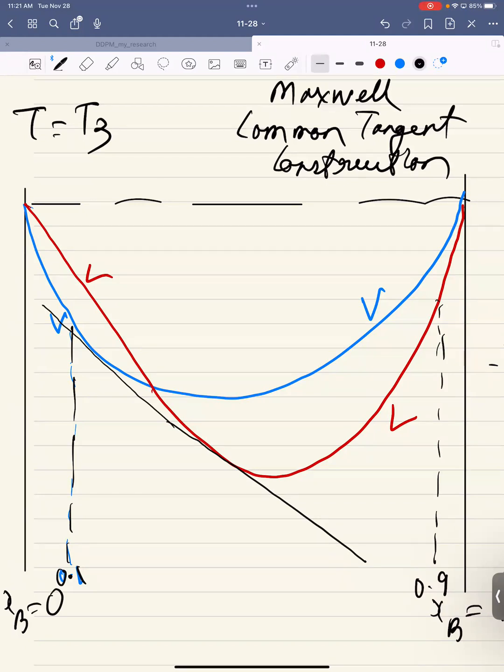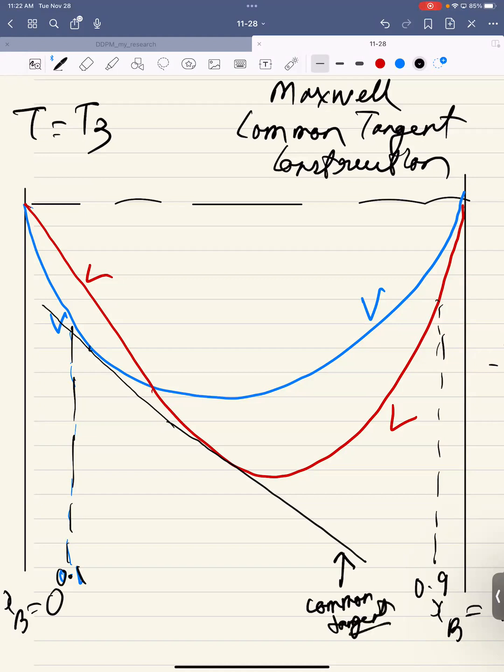If these free energies have non-trivial behavior, then this story changes. But for these free energies, there exists one and only one common tangent to both the curves. If you really want to show it, start with two parabolas and you can see. This is really a linear equation that you're solving. So this is the common tangent.